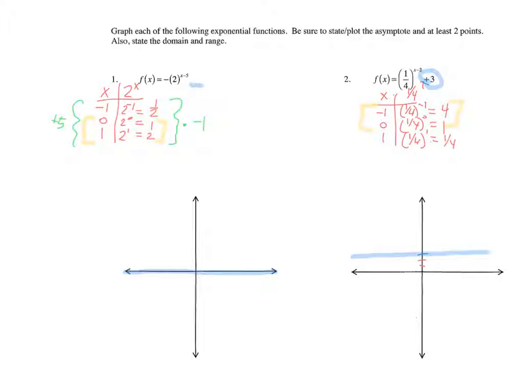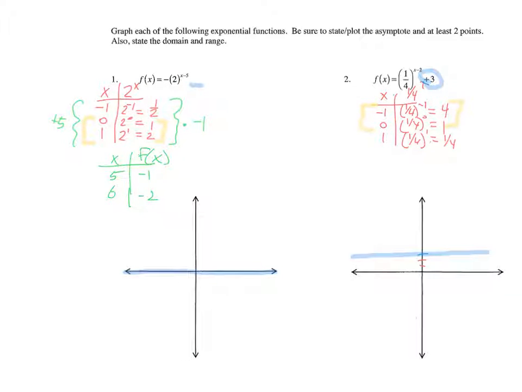So after this, we should get a new table that looks something like this. I'm going to call it f and f of x. So 5, 6, I'm only going to use the 2 points that I really need because I know where the asymptote's going to be. And then I'm going to multiply these by -1, so -1, -2.